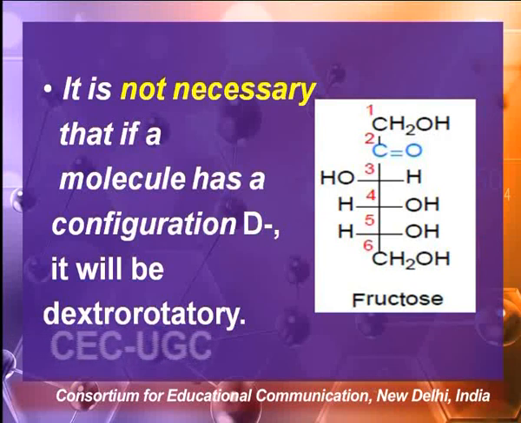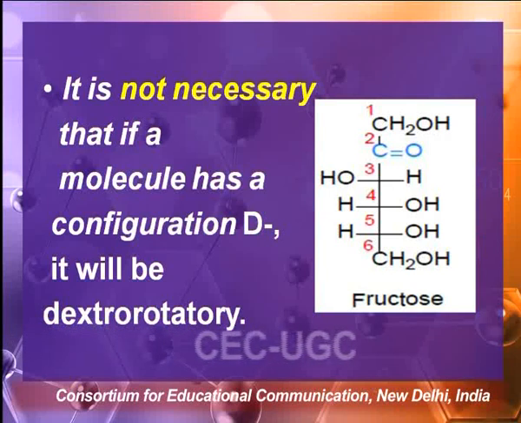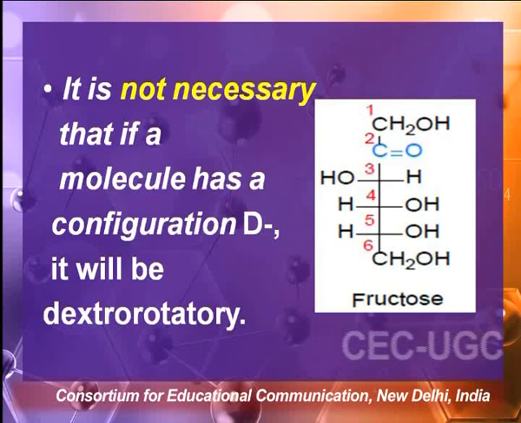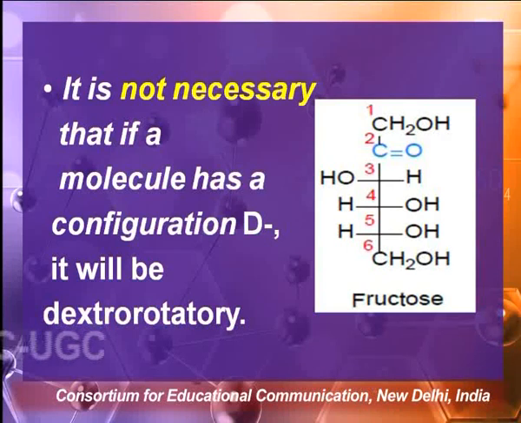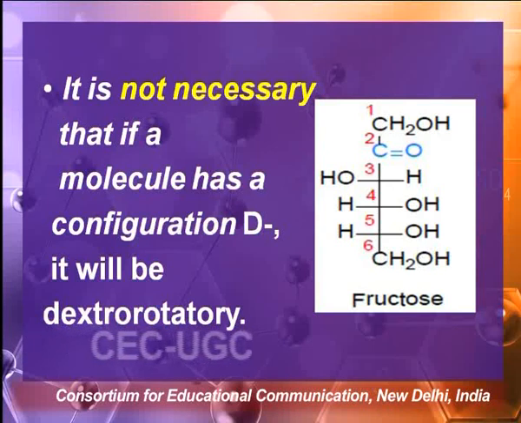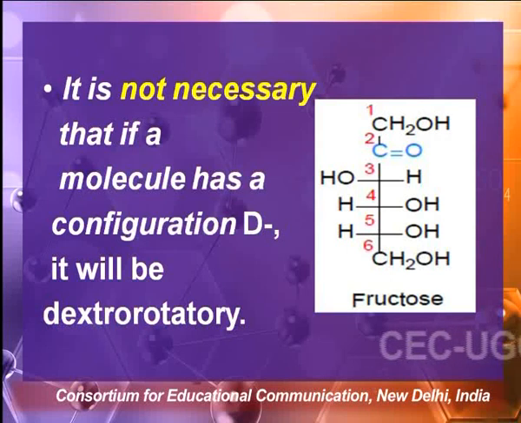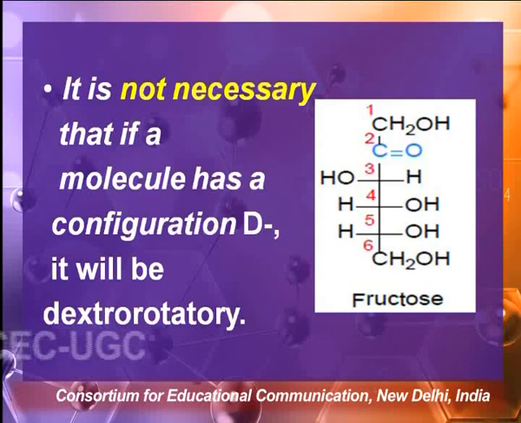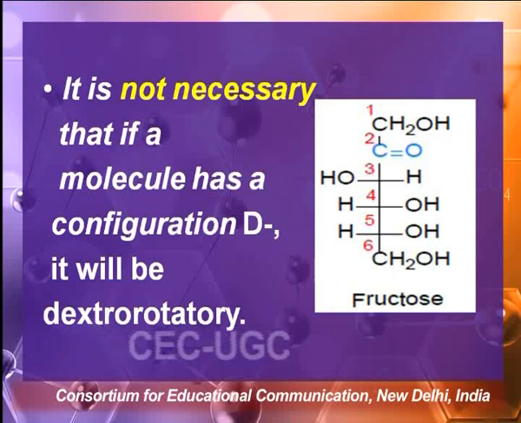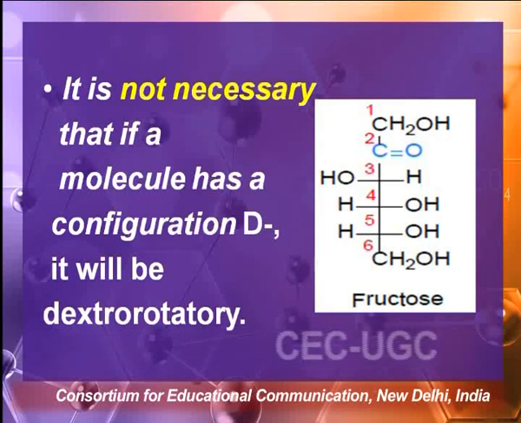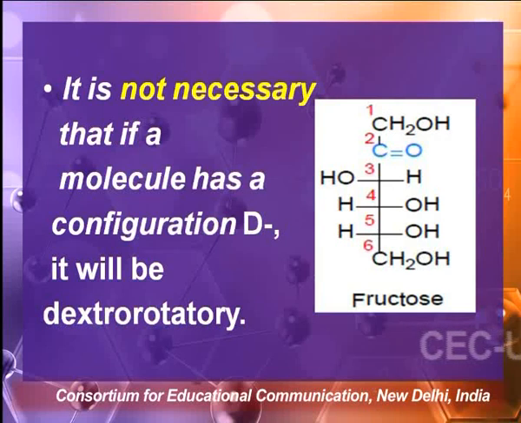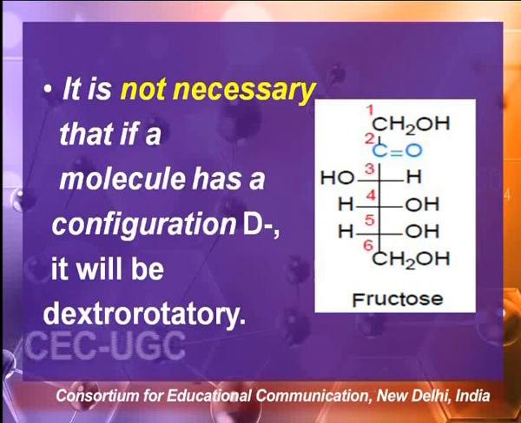So, we can ask you a question in the exams that fructose is having D configuration and it is dextrorotatory. Prove whether the statement is true or false. What you have to remember is that capital D is referring to the stereochemistry, that is, it is referring to relative configuration, whereas small d is referring to optical rotation.